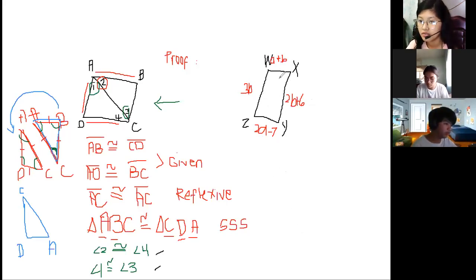So, ano ba yung pwede nating i-apply dun sa mga theorems natin? Theorem 1. Kasi meron tayong mga given sides dito that are congruent. So we have yung opposite sides WZ, congruent siya sa XY, and then yung WX, congruent siya sa ZY.